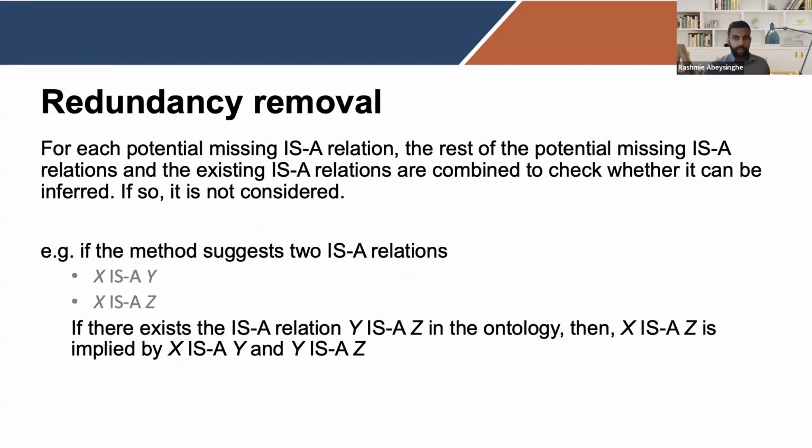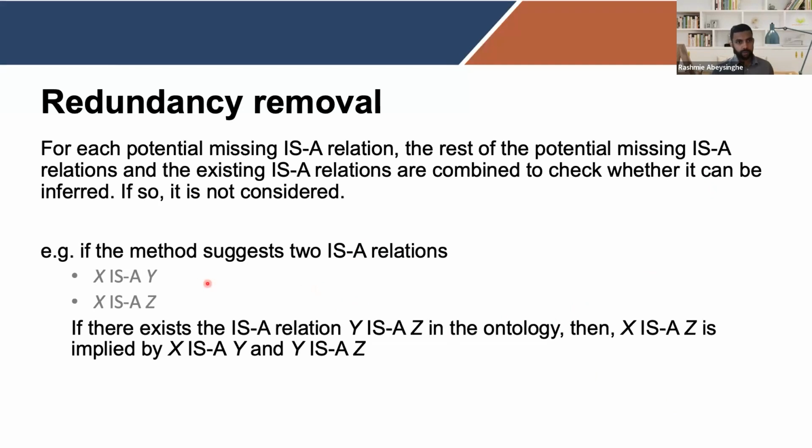So some of the potential missing Isa relations suggested by our method could actually be implied through other potential missing Isa relations and existing Isa relations. In that case, it does not make sense for us to suggest those missing Isa relations, so they will be removed from the final set of Isa relations suggested by our method.